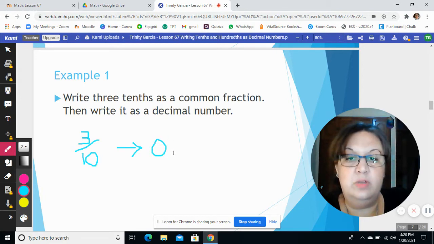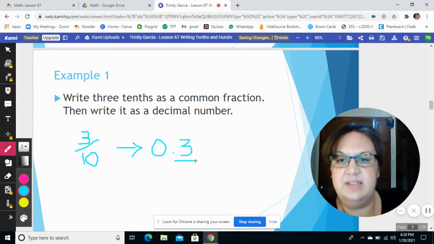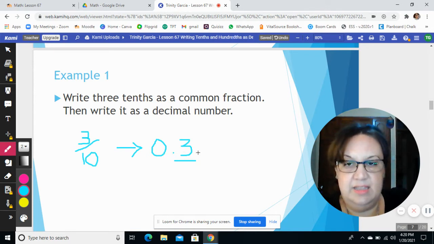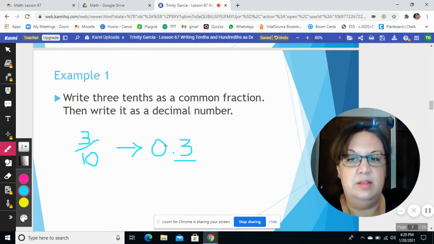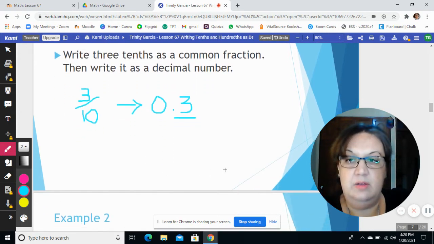Because we have no whole number, 0.3, okay? Because it's in the tenths place. Okay, so 3/10 becomes 0.3 as a decimal. Don't forget that decimal point there. And don't forget the 0. Both are important. All right.